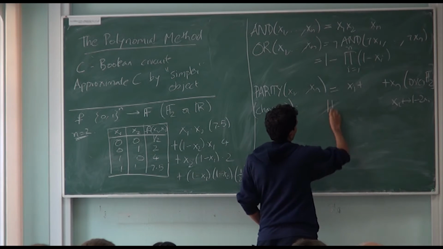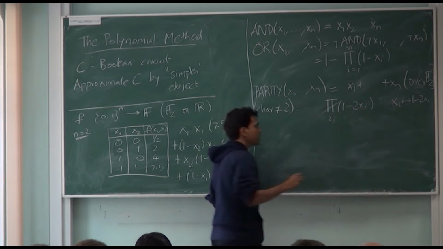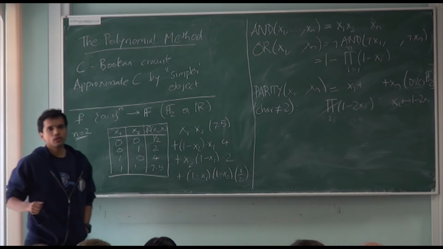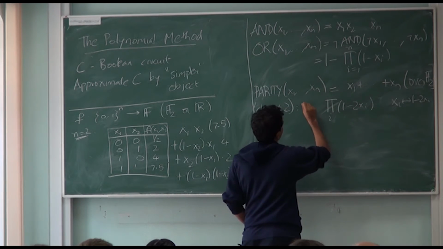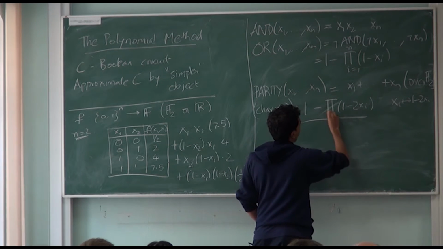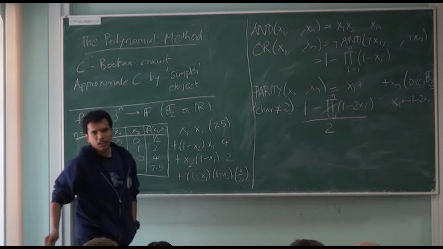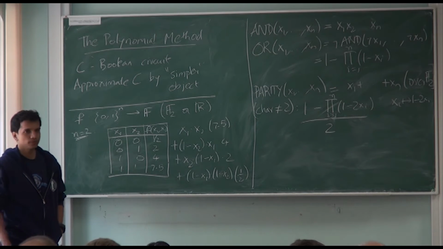So you just take the product of that, and then you translate back to 0, 1. So that's going to be what? Is it 1 plus, 1 minus? 1 minus? Okay, good. I should stress here that division by 2 makes sense because the characteristic is not equal to 2.